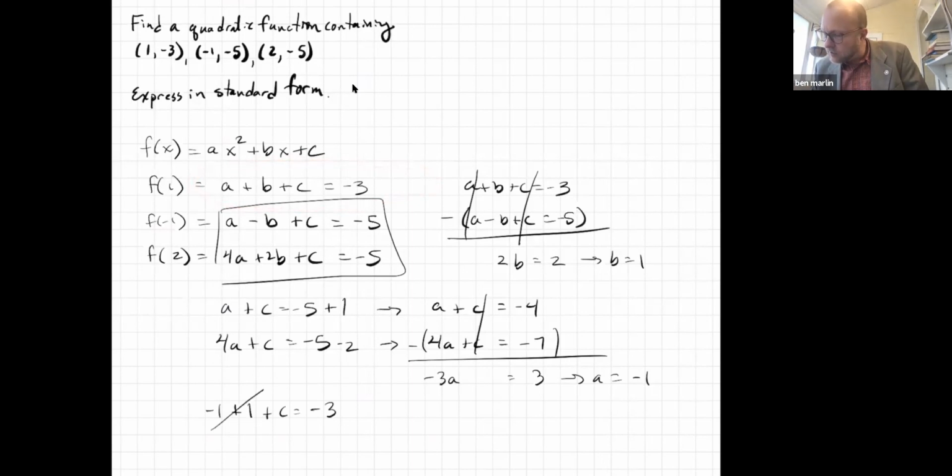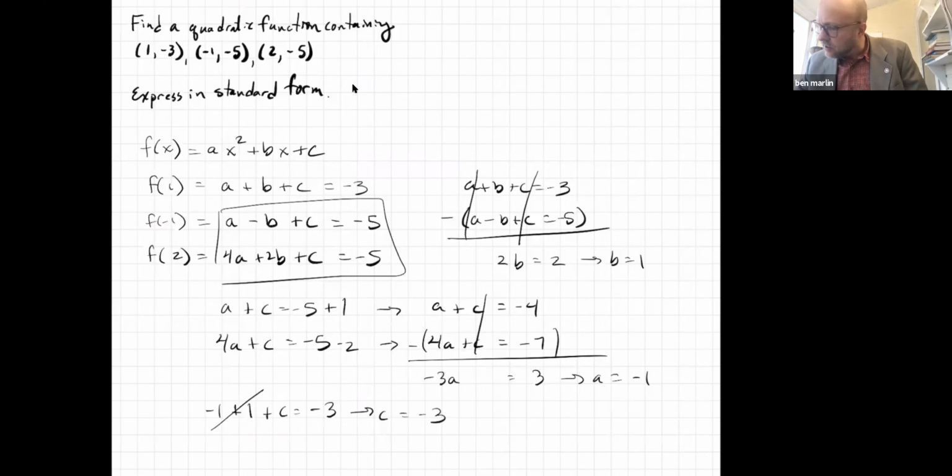Those cancel. And that says your c is equal to negative 3. Okay. Now, remember all that, and I'm going to put an extra page in here, and we're going to jump over to the next page to write this down. So a is minus 1, b is 1, and c is minus 3.